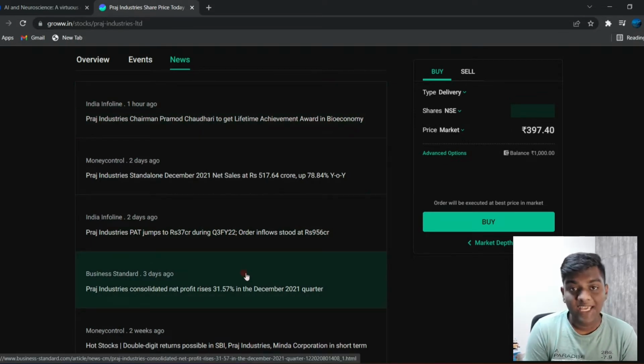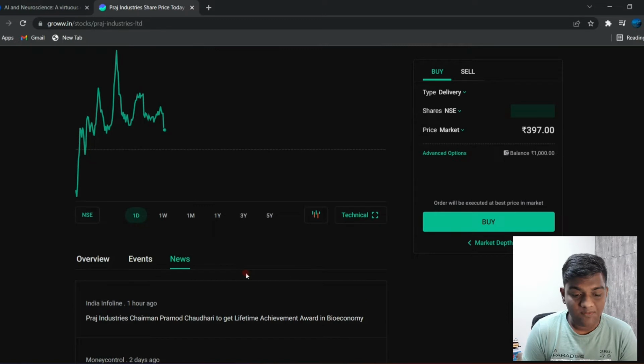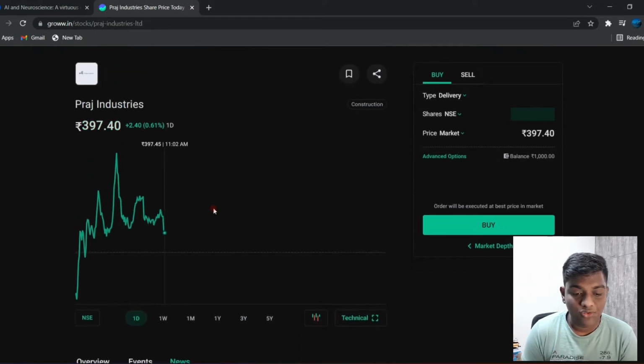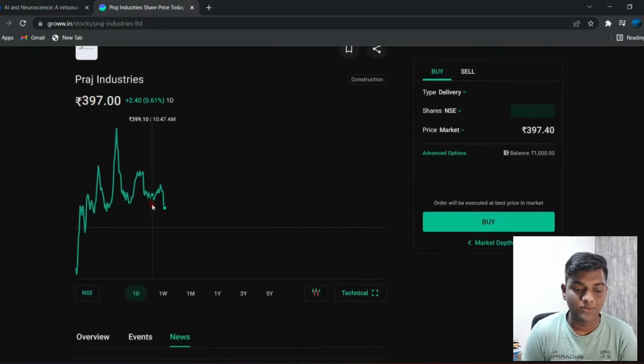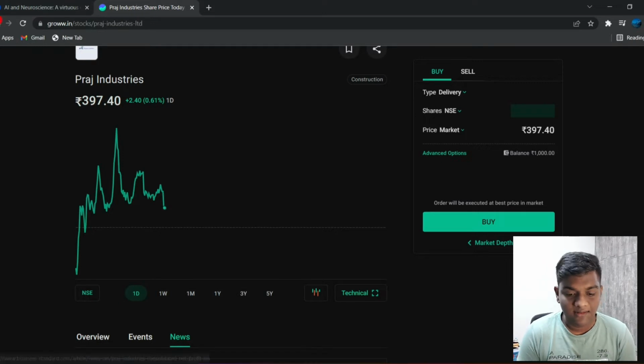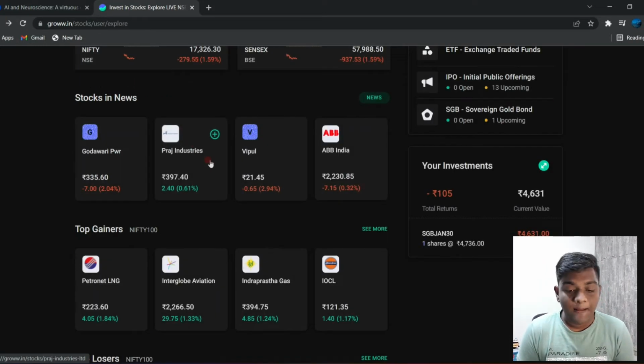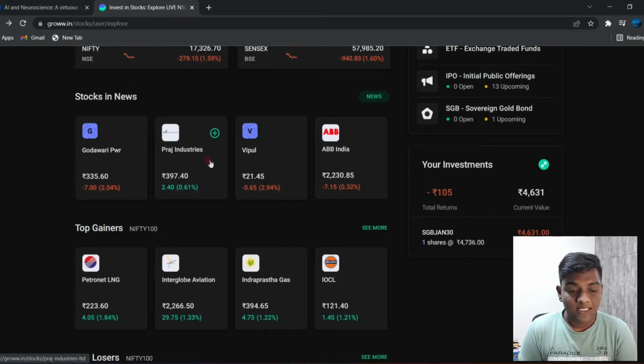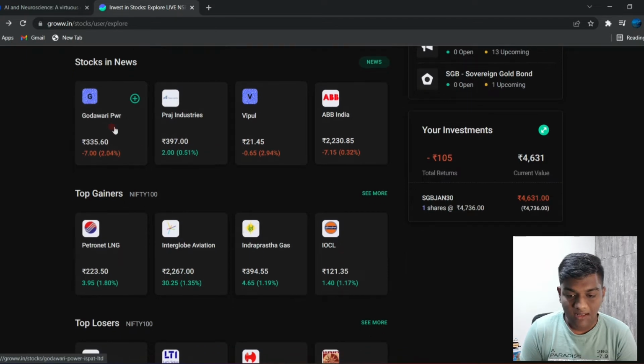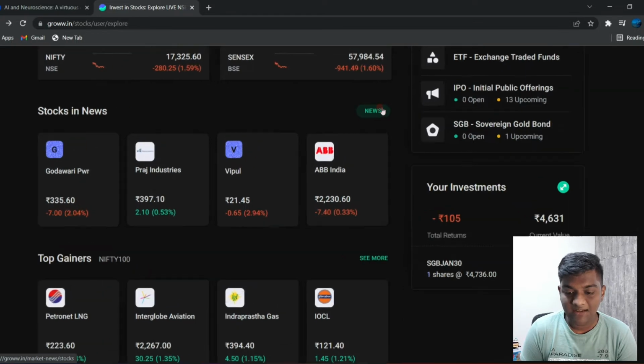These are the minor news items which can bring a change in the stock market. That news made Praj Industries go up by 0.60% today. That may be the reason. It may not be the exact reason, but it can also be a factor. So these are the stocks which are in news. There is this tiny news in the green column, right?